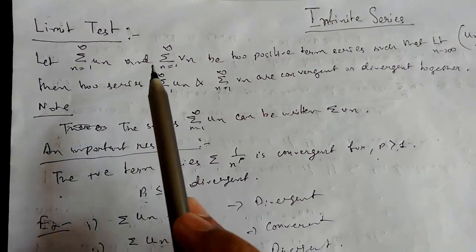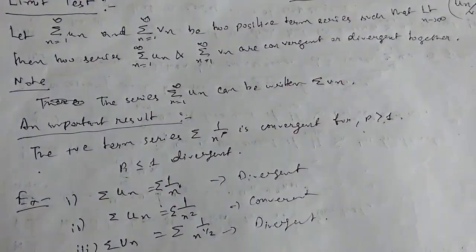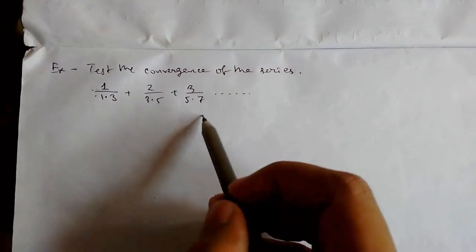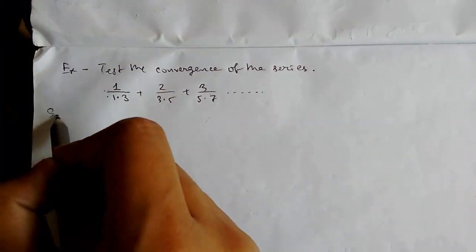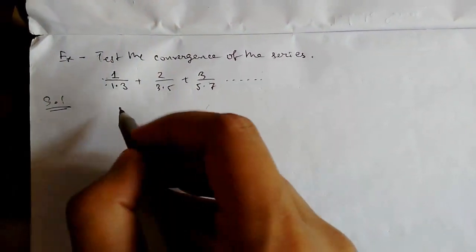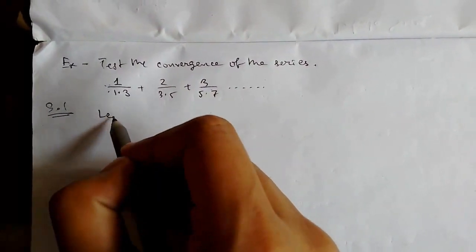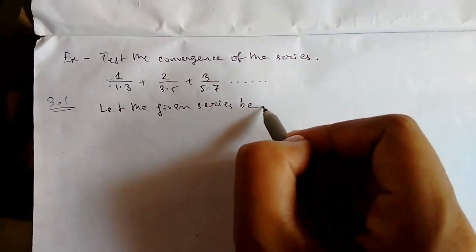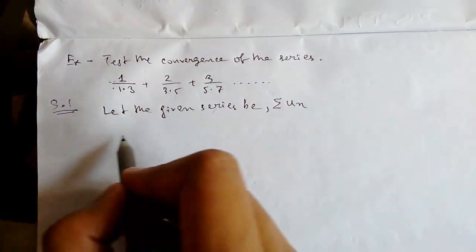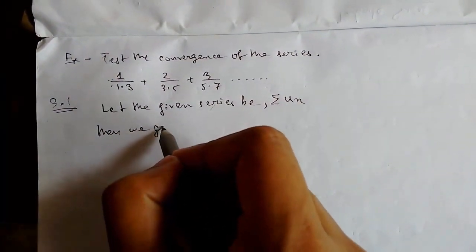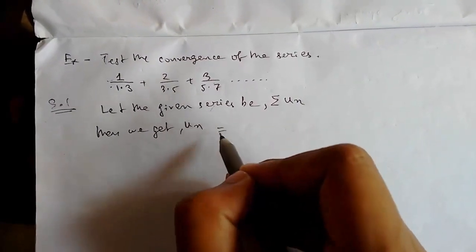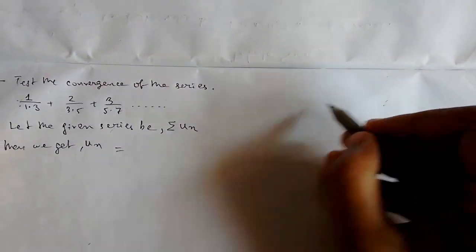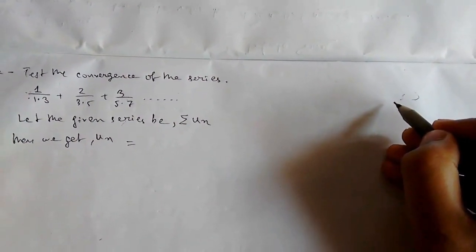Now I will explain the whole thing in one example. We have to test the convergence of this series by using the limit test. So let us go on with the solution. From the above definition, let the given series be summation un. Now we have to calculate the general term of this series, so we need to write the nth term of each of the series.